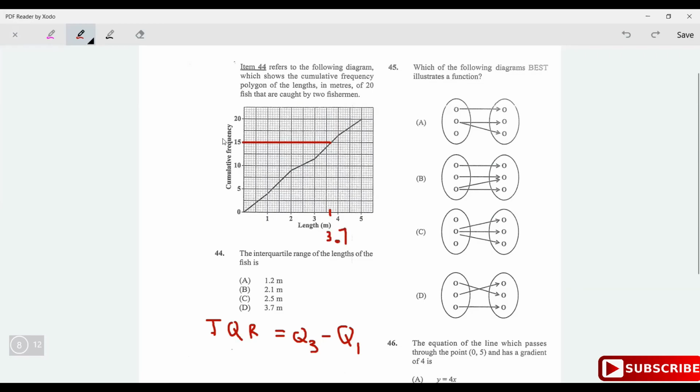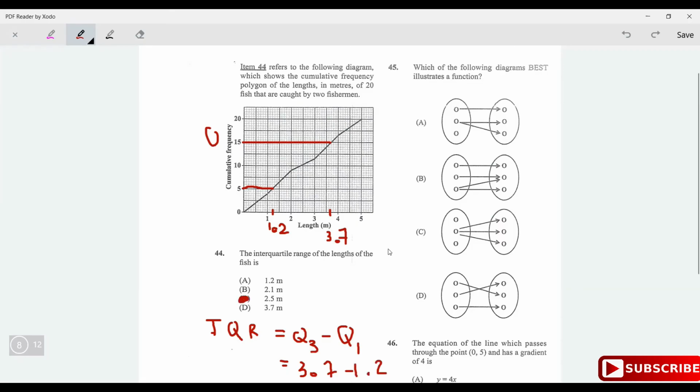And then Q1, now you go across the 5 and go down. That looks like right here, which is 1.2. So the interquartile range is 3.7 minus 1.2. That's the interquartile range. And 3.7 minus 1.2 is 2.5.